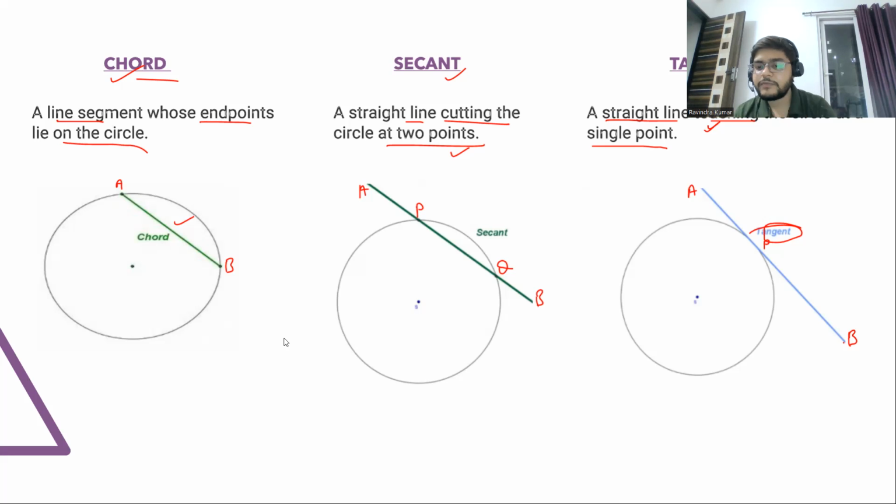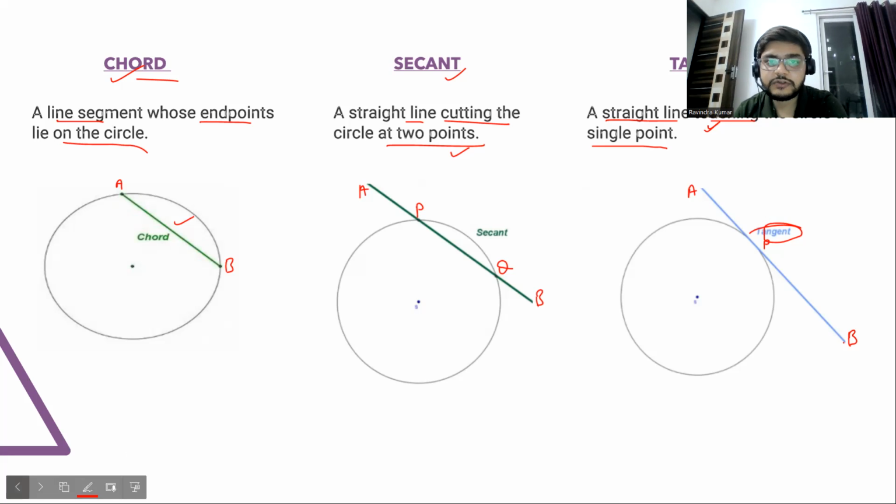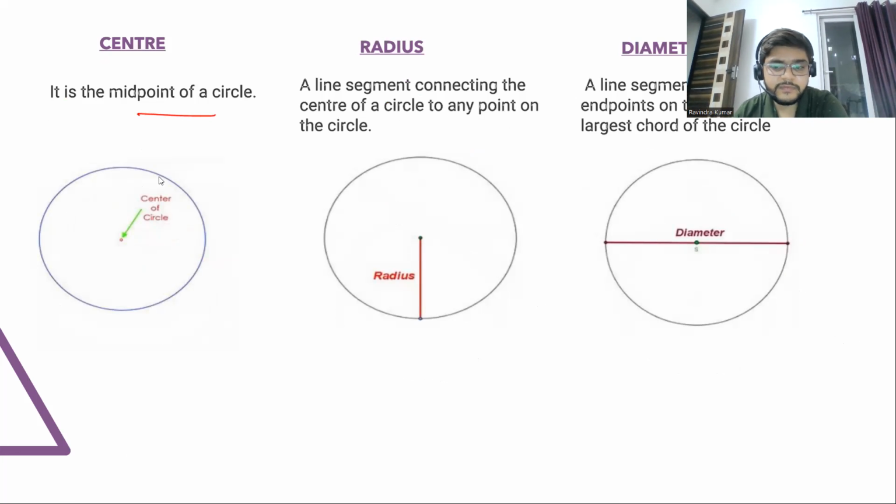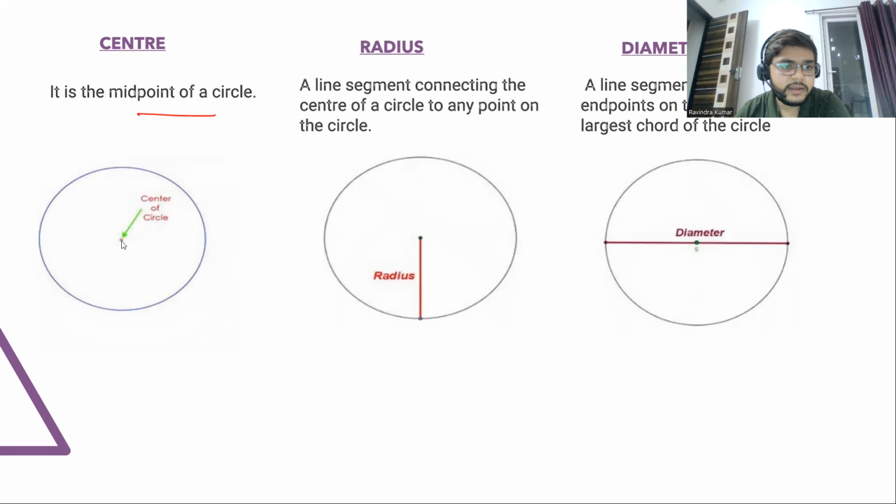Now, apart from this, there are a lot of things related to a circle, which are center, radius and diameter. So what is the center? It is the midpoint of the circle, as we discussed already in the previous slide. When we measure the distance from the center to the boundary, it is always constant in all directions. This is called the radius.